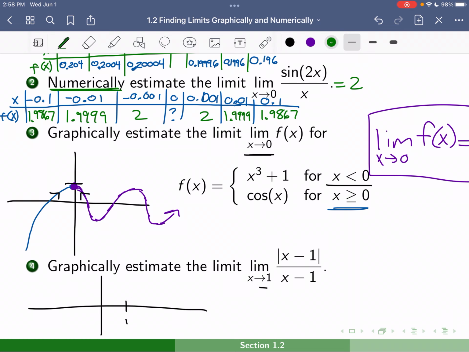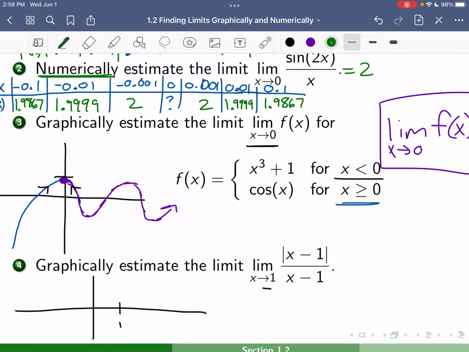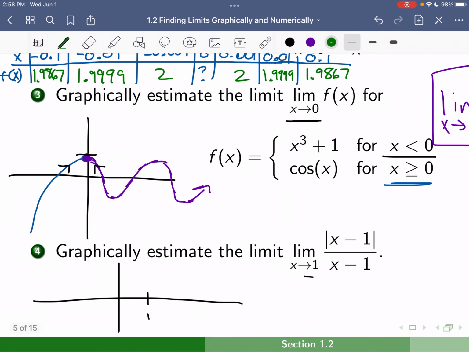If we have values that are smaller than 1, then on the top, x minus 1 would be a negative value. When we take the absolute value, we'd have a positive. The denominator is exactly the same thing, except it's the negative of it. And so when we take that ratio, we will just have negative 1 itself.